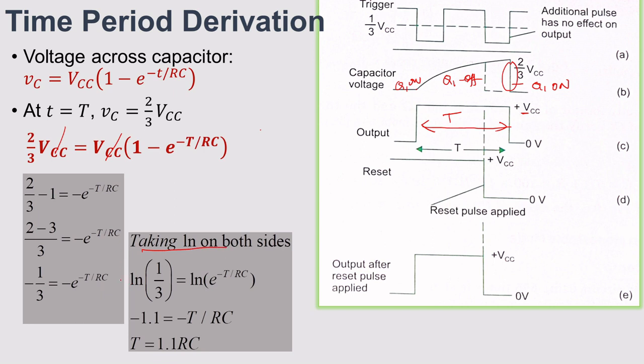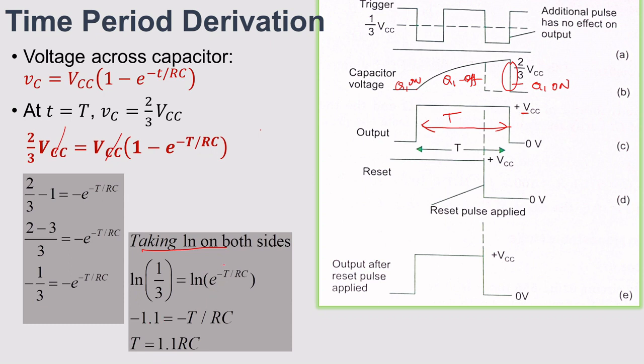I explained it step by step. If you take a natural logarithm, the minus signs get cancelled, and the exponential also cancels. If you take the logarithm of 1 by 3, you will get minus 1.1.